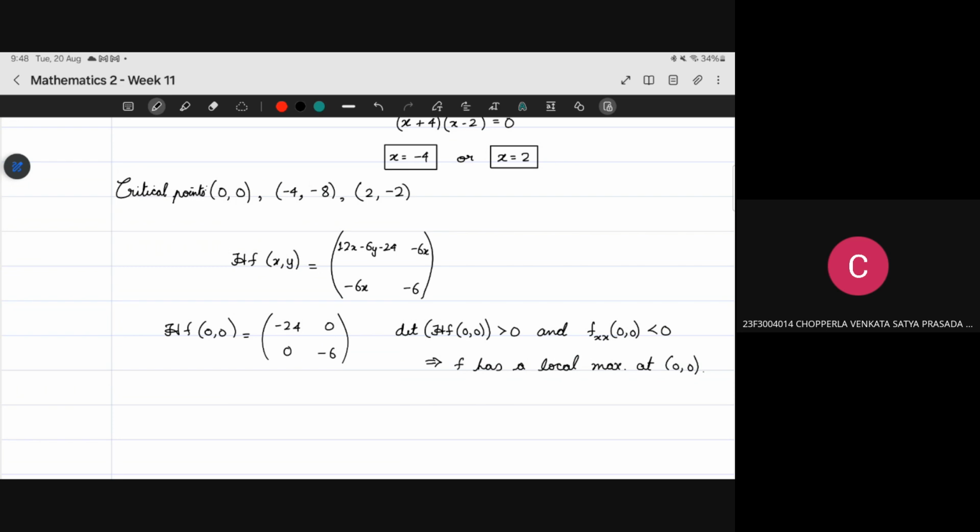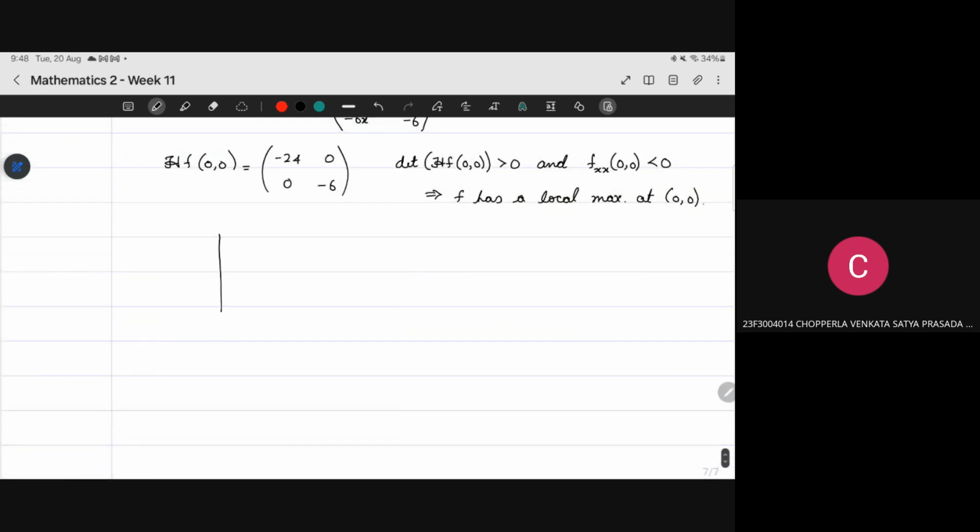But that does not guarantee that the global minimum exists or not. The global minimum might be outside your critical points also, as in you cannot say whether a global minimum exists or not. Now, if it exists, it will be one of the critical points. Correct, sir. If f has a global minimum, then it should be one of the critical points.